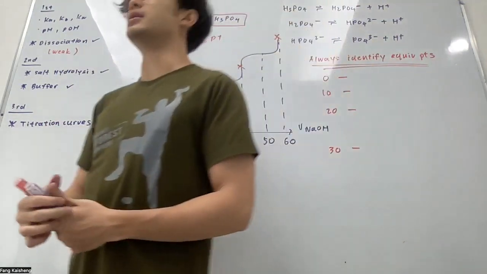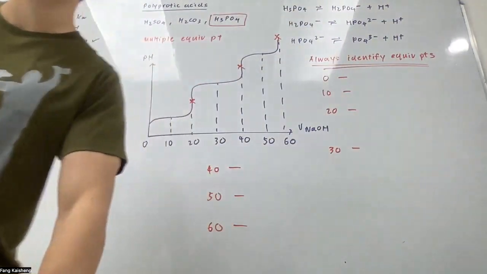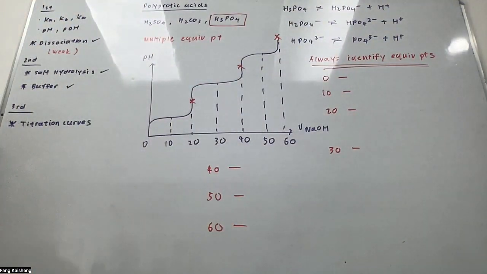Let me give you a clue. It's better to do the equivalence points first. Okay, do the equivalence points first. There's a box at the bottom. I'm just going to write it down.